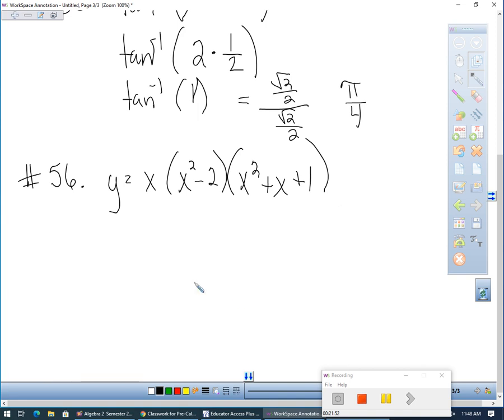Well, first of all, we know this one gives us a 0 at 0, so x equals 0 here. If I put this equal to 0, I get x squared equals 2, or x equals plus and minus the square root of 2. This one, the wonderful thing about this one is that it does not factor. So this has no real solutions.